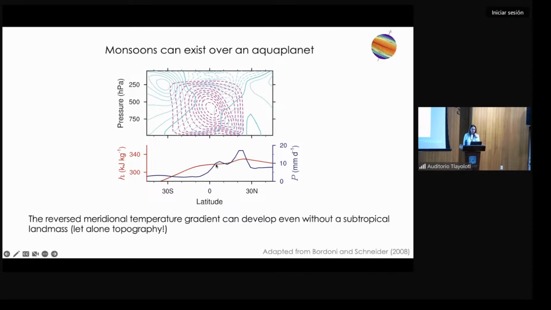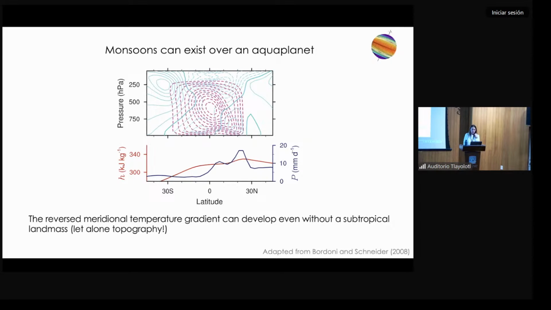Again, if we look at the distribution of the moist static energy in the boundary layer, we clearly see the establishment of this reversed gradient. Moist static energy increases up to a subtropical maximum as we move away from the equator. We are over an aquaplanet, and what this means is that temperature and moisture go hand in hand.